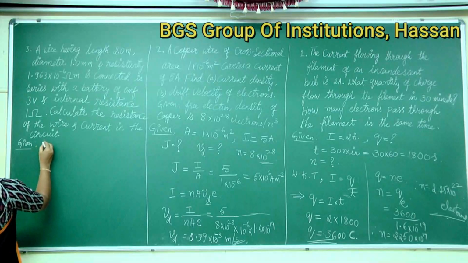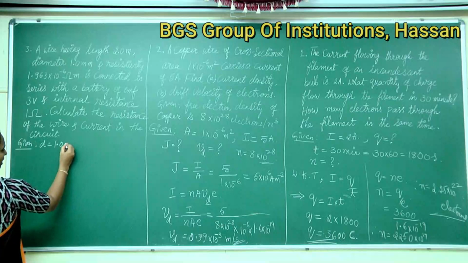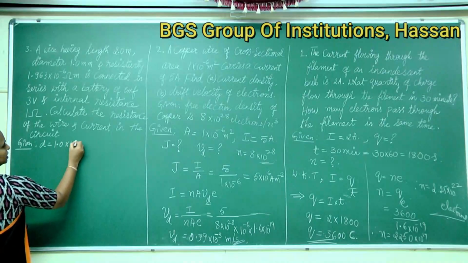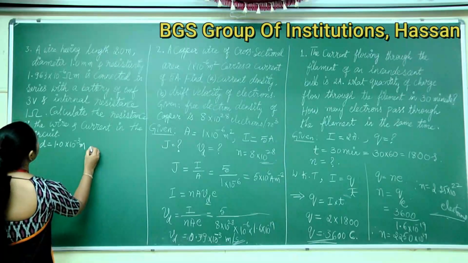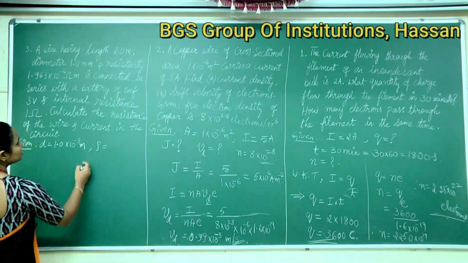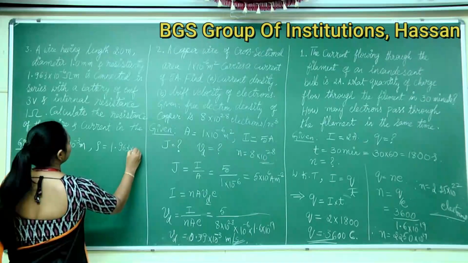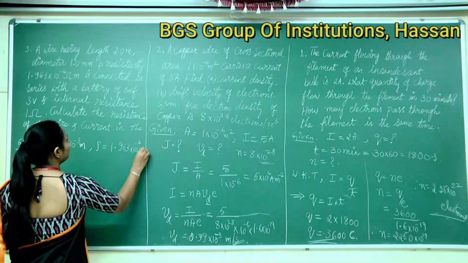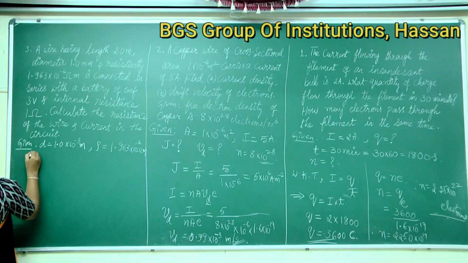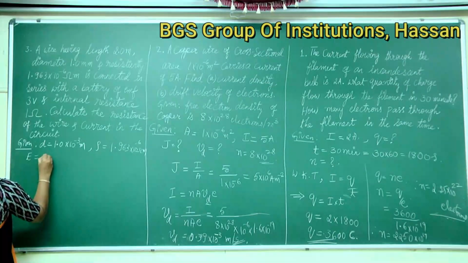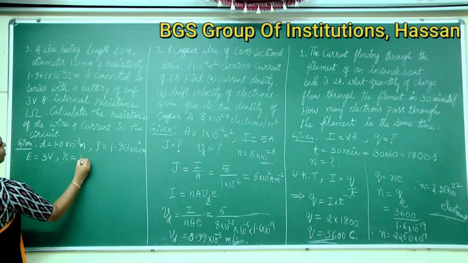Given is diameter is 1.0 millimeter, that I'll convert into meter. Milli is 10 power minus 3. Then resistivity symbol is rho, 1.963 into 10 power minus 6 ohm meter. The battery of EMF 3 volt and internal resistance is small r, 1 ohm.